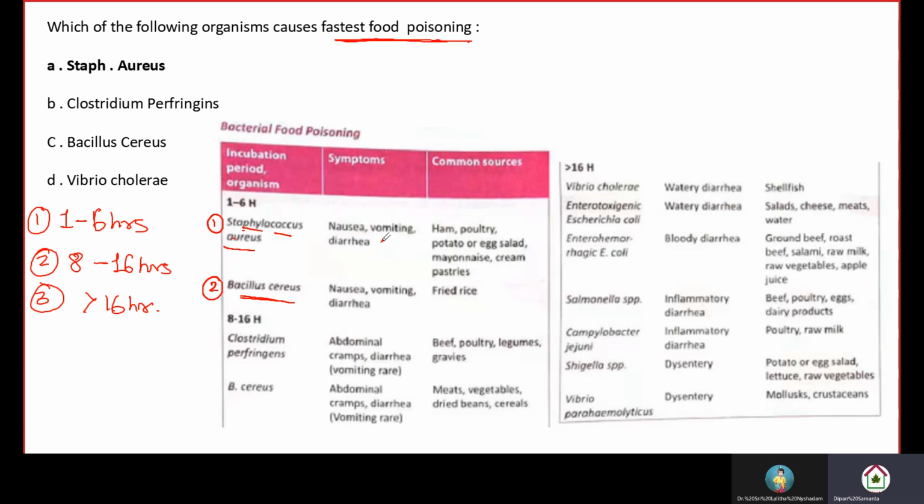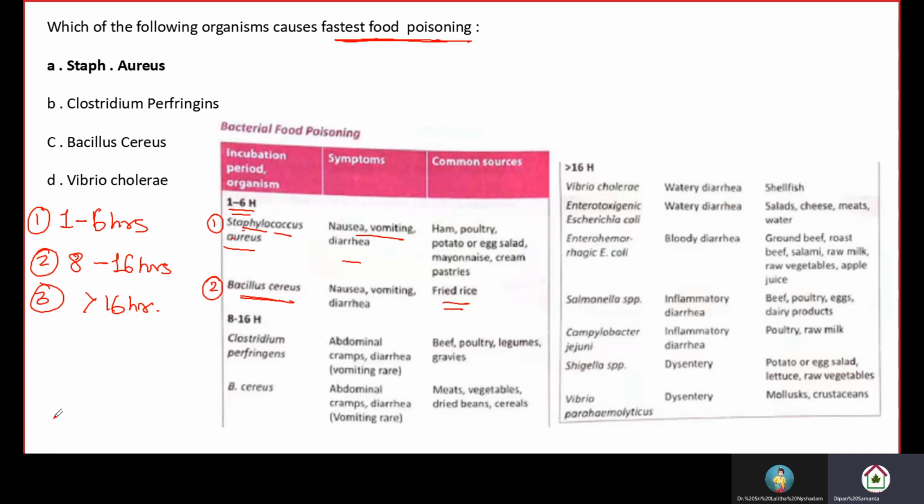The symptoms will be nausea, vomiting, diarrhea in both cases. Bacillus cereus mostly occurs from fried rice, while Staphylococcus aureus is from poultry, potato, salad, mayonnaise, cream, pastries. Acute food poisoning occurs in Staphylococcus aureus within 6 hours.